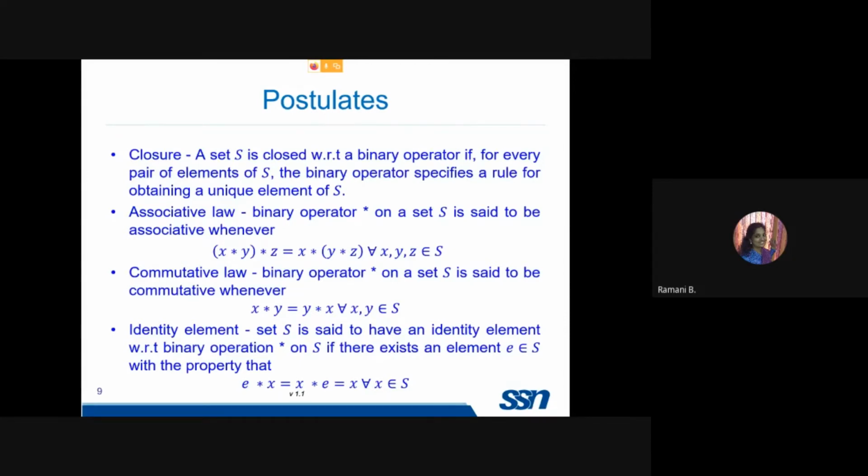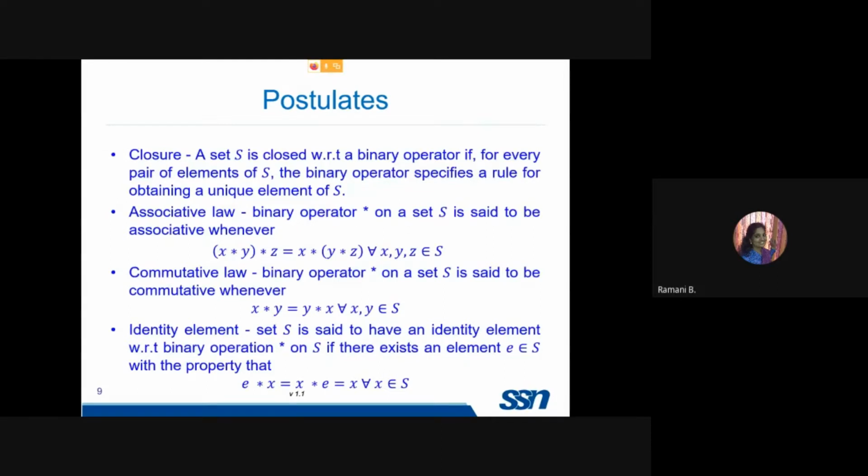Next is the associative law, which we all know very well. We say that the binary operator star on a set S is associative whenever (x star y) star z is equal to x star (y star z). That is, if we change the bracket positions while doing the operation, we should get the same result.